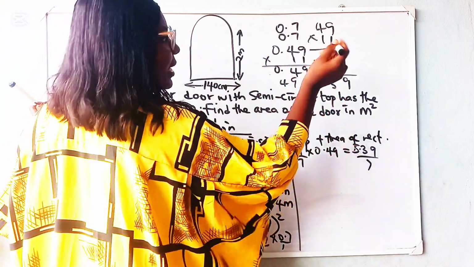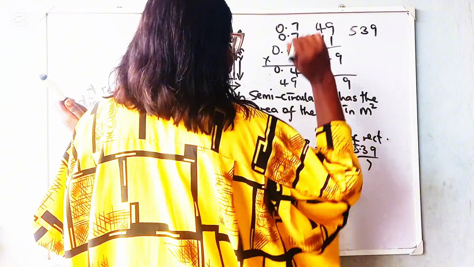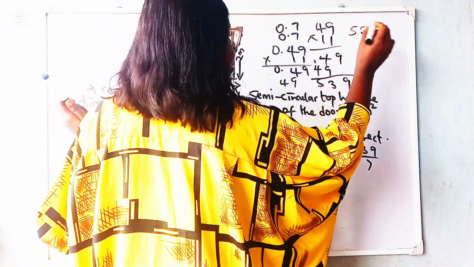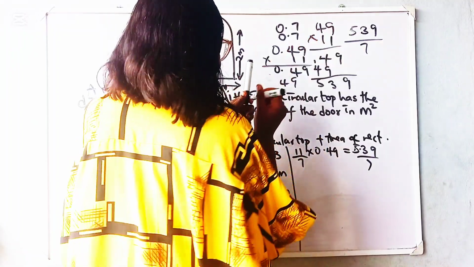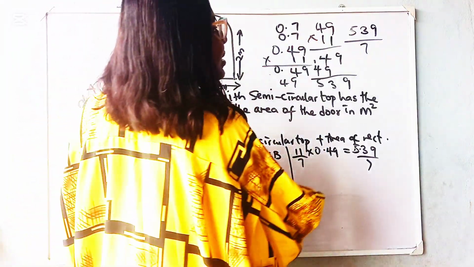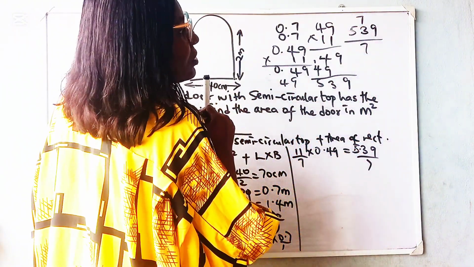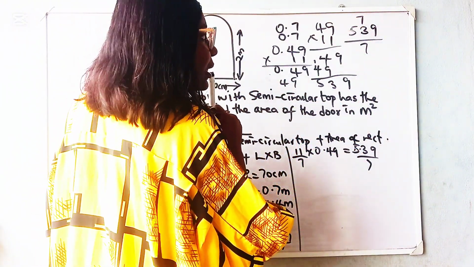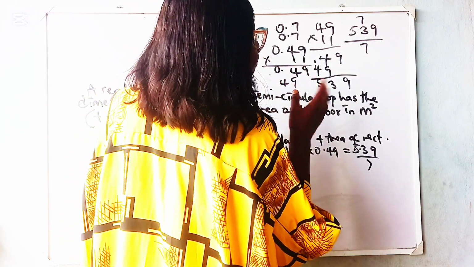So let's divide and see what we get. We have 539 divided by 7. 7 into 53: you ask yourself, which multiple of 7 is close to 53 or no more than 53? It is 7 times 7, which is 49. 53 minus 49 gives us 4.